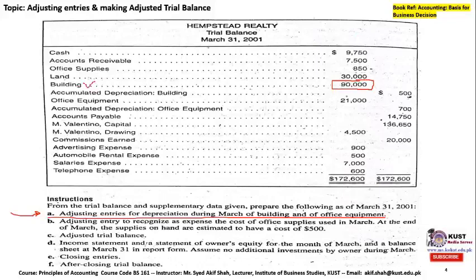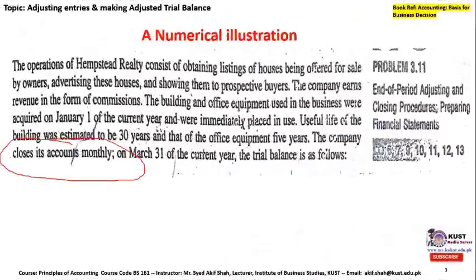And usually we know that when there is a decrease in the value of a particular asset with the passage of time, it is known as depreciation. And otherwise we can say that the engineers have given us that the useful life of the building is 30 years, as mentioned in the initial supplementary details. So after 30 years this building will have no worth at all.